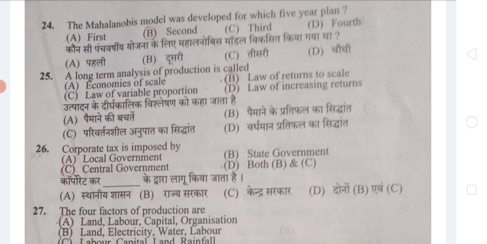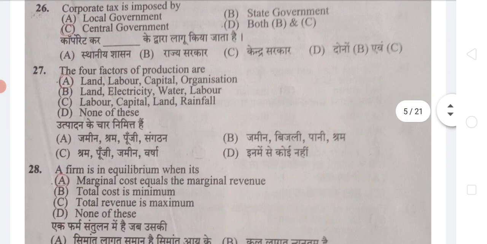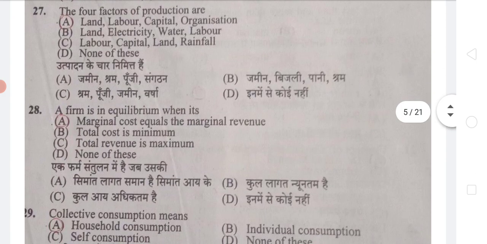Corporate tax is imposed by C. Central government. The four factors of productions are: A. Land, labor, capital, organization. A firm is in equilibrium when its A. Marginal cost equals the marginal revenue.